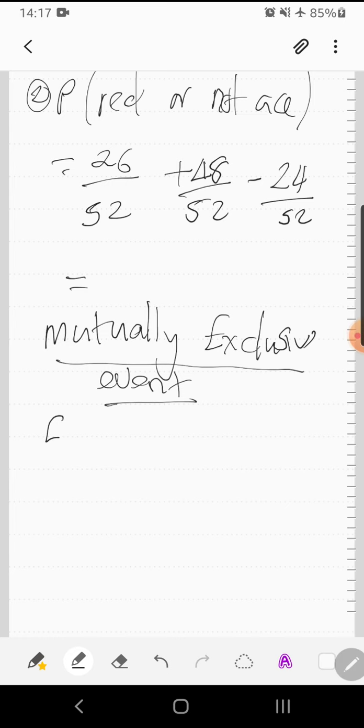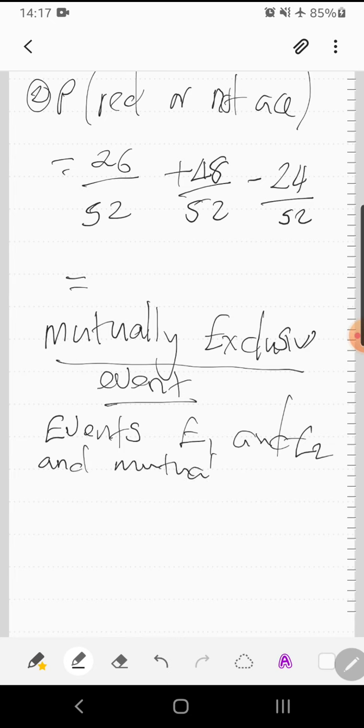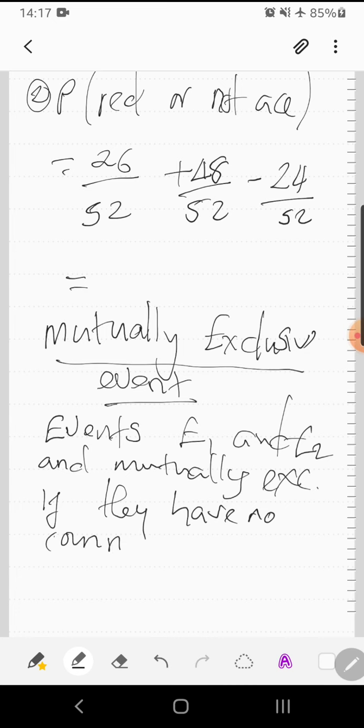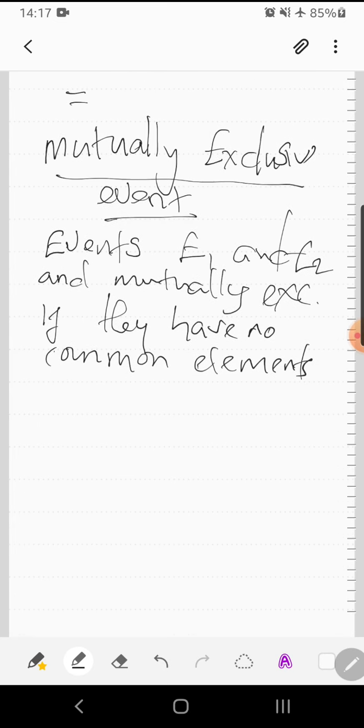Okay, so events E1 and E2 are mutually exclusive if they have no common elements. So elements or events that have no common elements are known as mutually exclusive events.